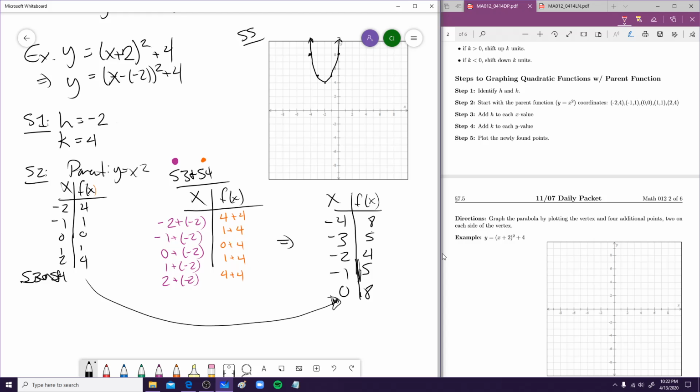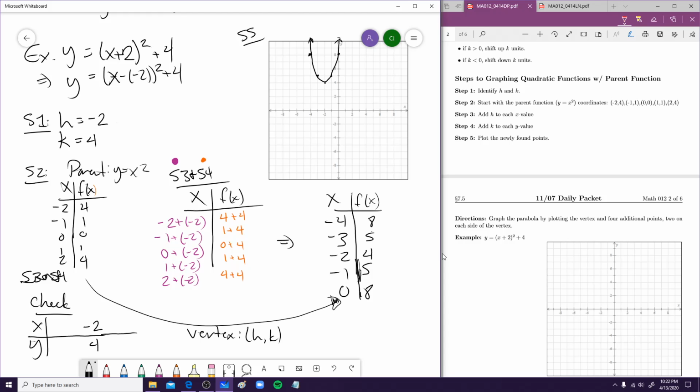If you are still not convinced that this works, let's check. Okay, so how are we going to check? Since I'm running out of space, I'm just going to change my table. I'm going to go the long ways instead. So first things first is we want to find the vertex, right? And what is the vertex? The vertex is (h, k). Okay, we already found h and k. So our vertex is (-2, 4).